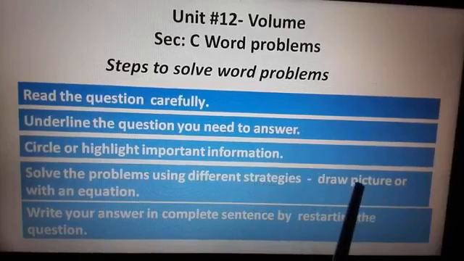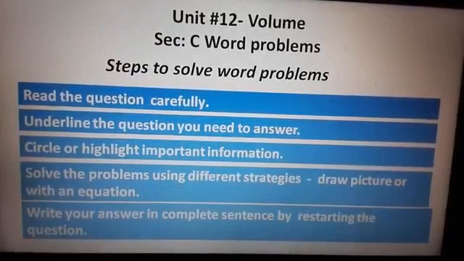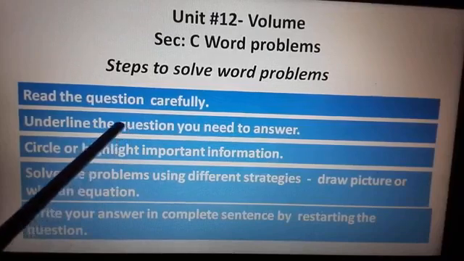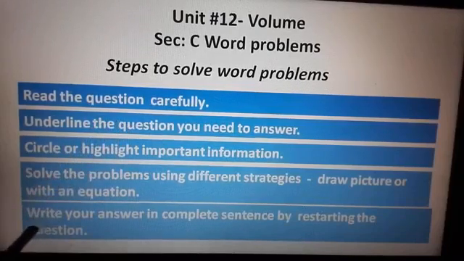Either you can draw a picture to represent the question, or you can directly use the equation. And last, after finding the answer, you have to write it in a complete sentence by restating the question. We already underlined the question, so from there you make a sentence to answer it.